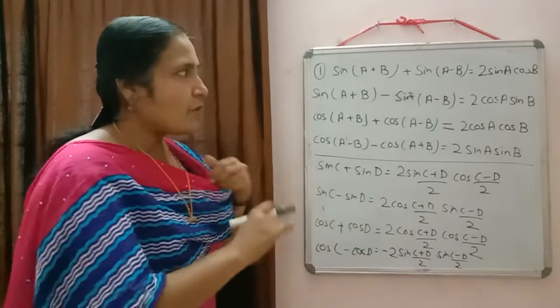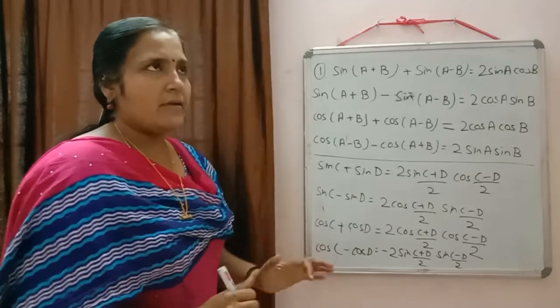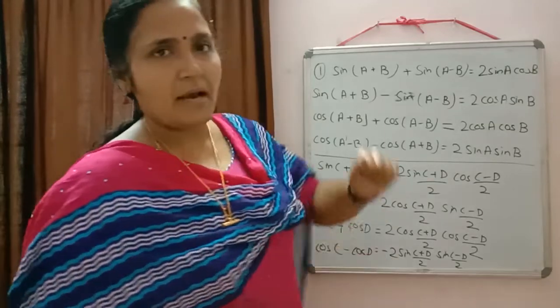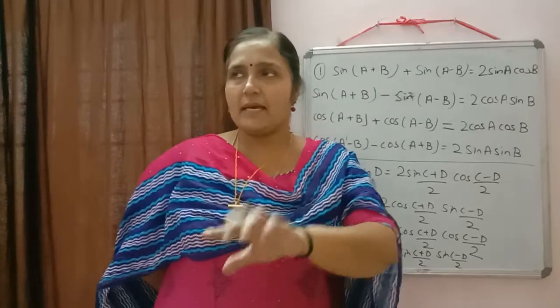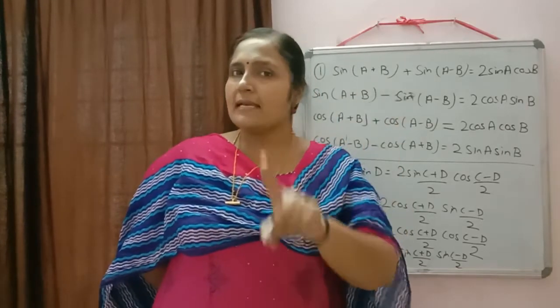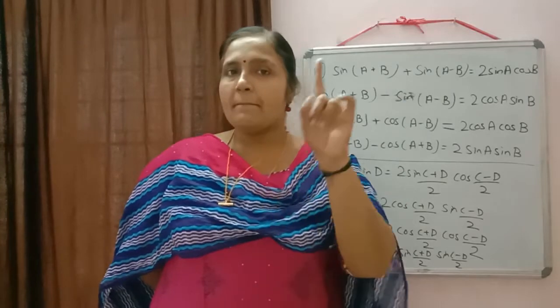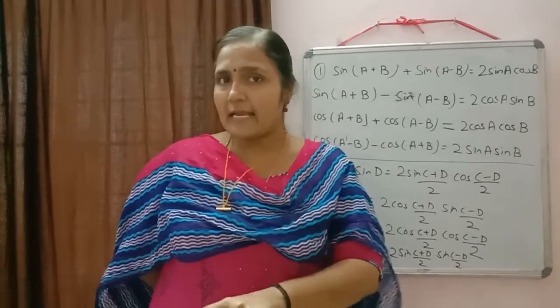So I think these formulas are clear to you. Again, how to remember the formula? Sin A plus B plus sin A minus B: in case of sin, both sin and cos will come, but in case of addition, sin will come first.